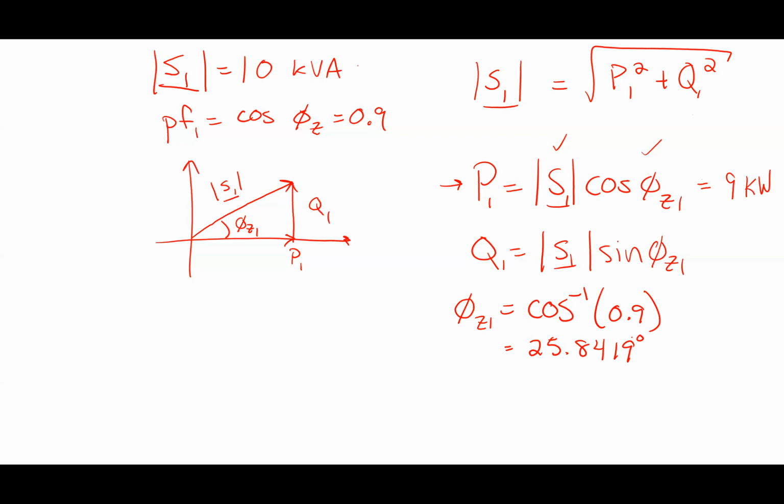Now, if I were in MATLAB, what would I do? It would be ACOS. If I did ACOS, it would give me an angle in radians because it's a trig function. MATLAB assumes everything's in radians. What I probably would do is multiply by 180 over pi, which is just a unit conversion. You can also do deg to rad.